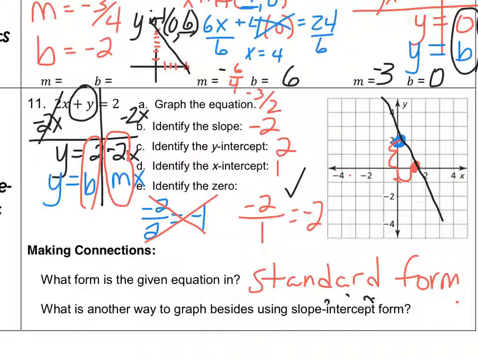But just like we did up above on, I think, number 9, we could have also found the intercepts. If we had just taken the time to find the intercepts, it would have been just as fast and easy to graph this line. So play with both ways, because sometimes you'll get a problem where you see it easier to just find the x-intercept and the y-intercept, and sometimes it feels faster to just solve it for y. But have both of those tools as options for you.